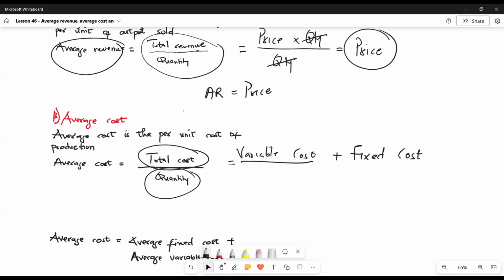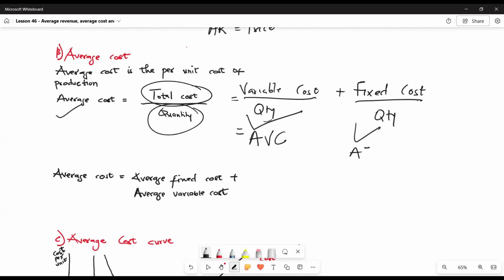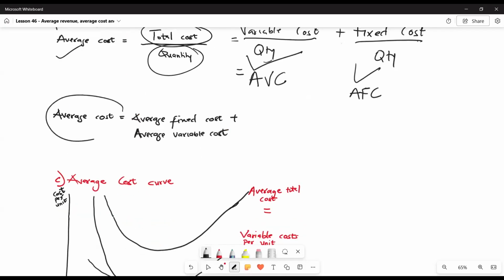So if we divide both of them by the quantity, then this average cost formula can be rewritten as the variable cost divided by quantity plus fixed cost divided by quantity, where we call this your average variable cost and we call this your average fixed cost. So we can rewrite our average cost as average variable cost plus average fixed cost.